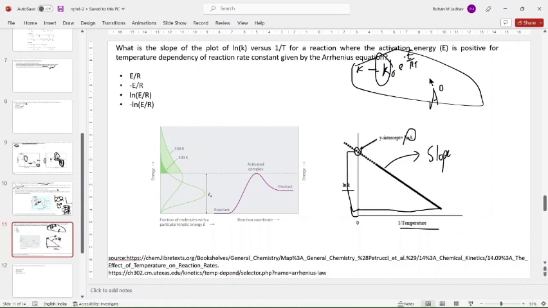See here, this is for 300, this is for 500. If it decreases and then you draw a straight line, you will be able to calculate the slope, which is nothing but your minus E by R.